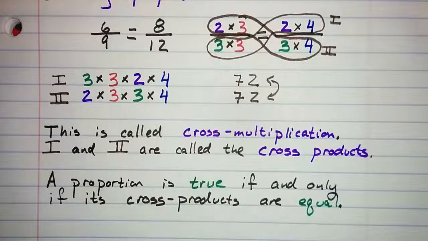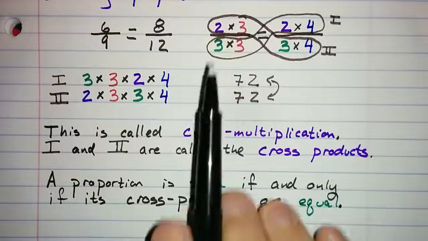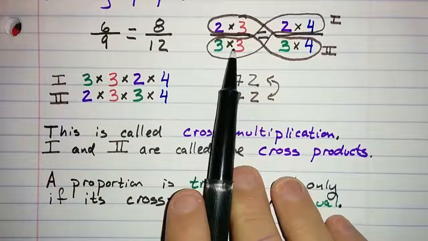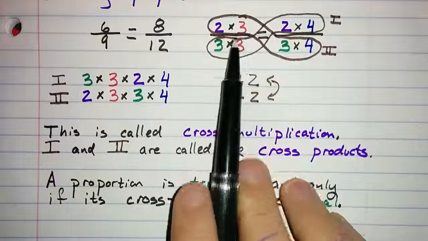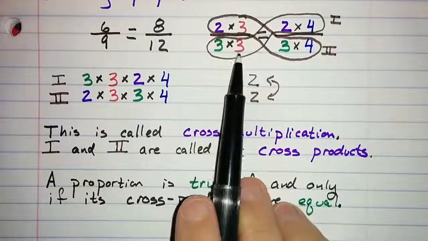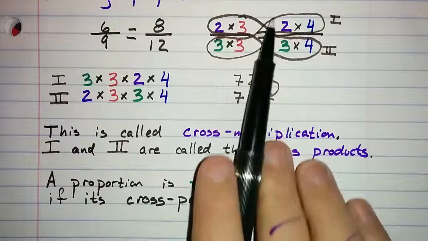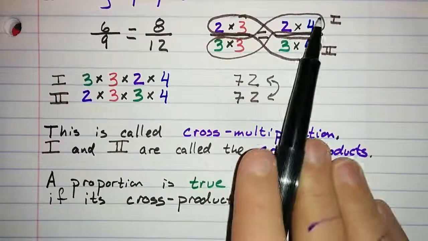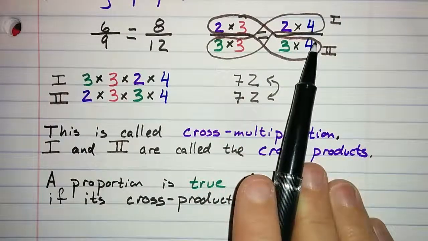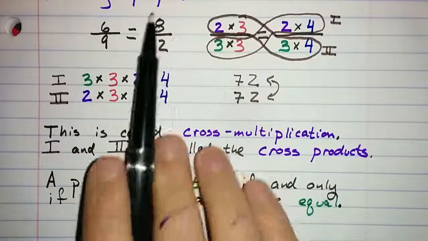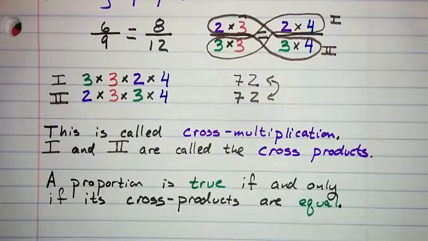Why? Well, in any true proportion, we'll have the simplified ratio with the numerator and denominator multiplied by the same thing for the first ratio, and the same simplified ratio with the numerator and denominator multiplied by the same thing for the second ratio.